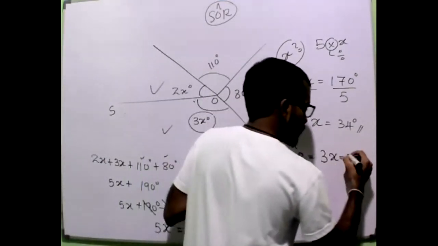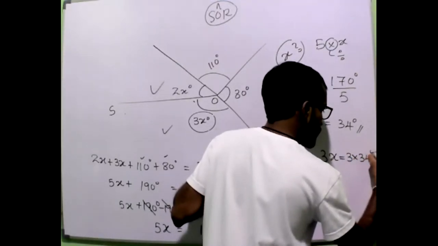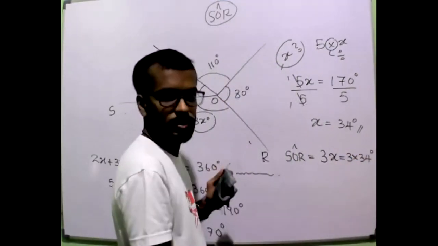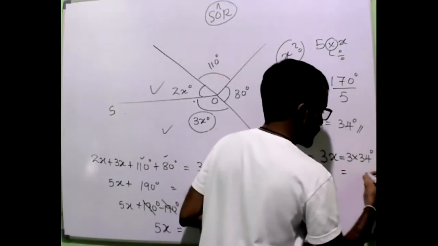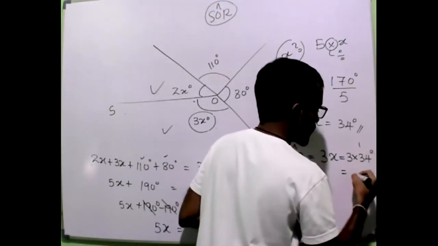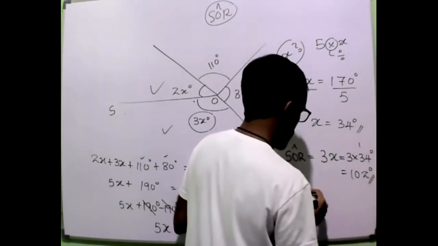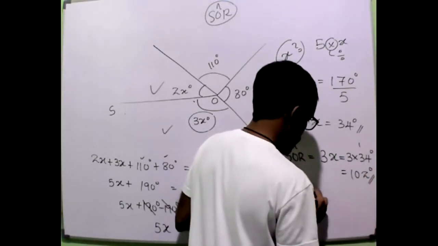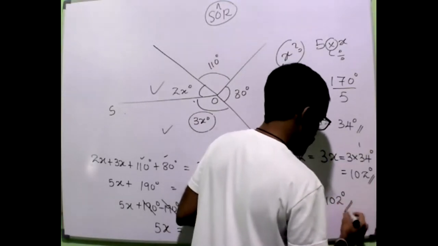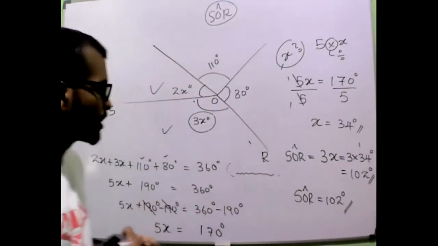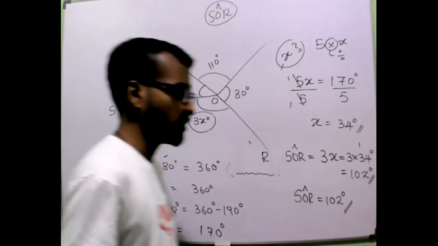So I will substitute 34 degrees instead of x. So 3 times 34, and now you can obtain the answer. It is 102. So our SOR angle is equal to 102 degrees. This is how we are going to find that.